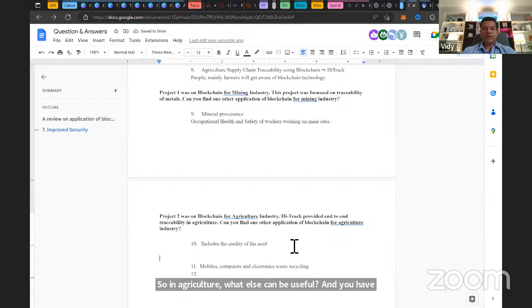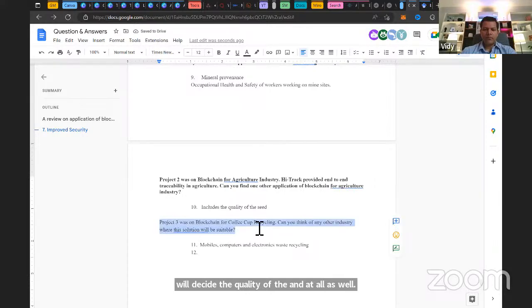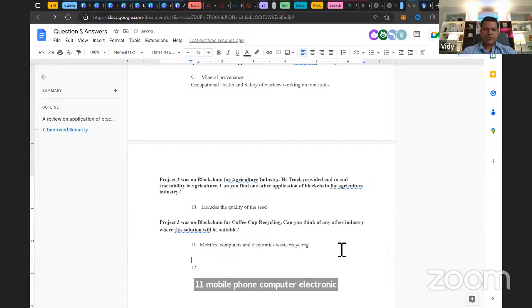Yeah, that's a good use case, to be frank, because the quality of seed will decide the quality of the end crop as well. Question 11, mobile phone, computer, and electronic waste recycling. Okay, that's also a good use case.